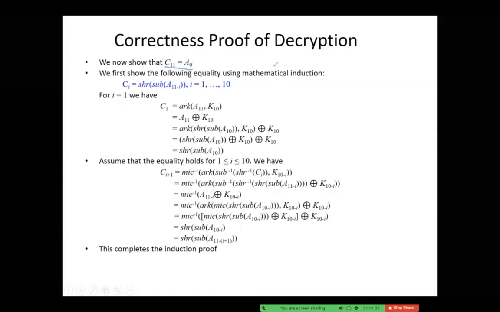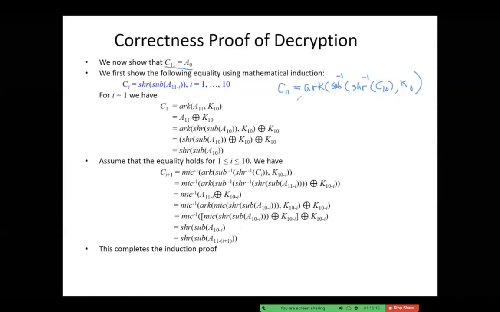So we know by definition, C11, the last one, is add round key, substitution byte inverse, shift row inverse on C10 and K0, because when we apply these round keys, we use the inverse order.